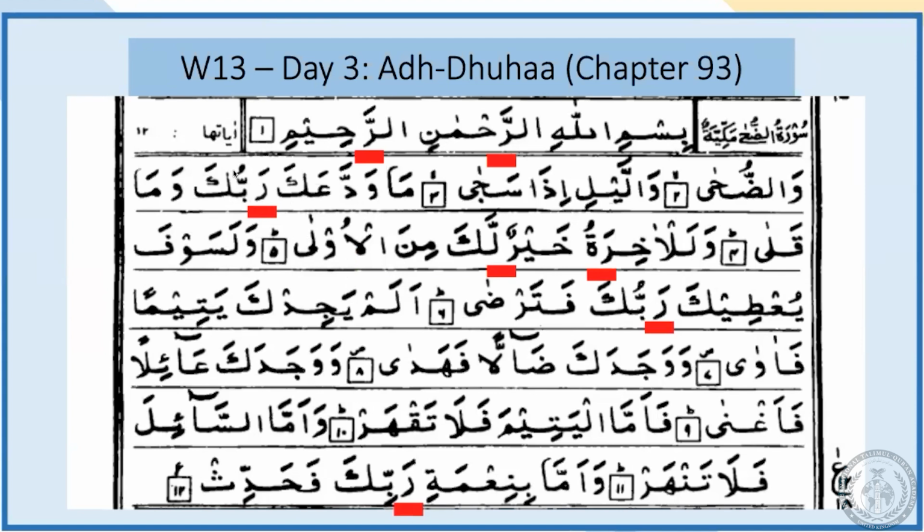Now, beta, see this word here. We just want to practice the word and not the whole ayat. So if you see this word that I'm circling, Rabbuka. Rabbuka, well done. And one more for me, please. Very good.